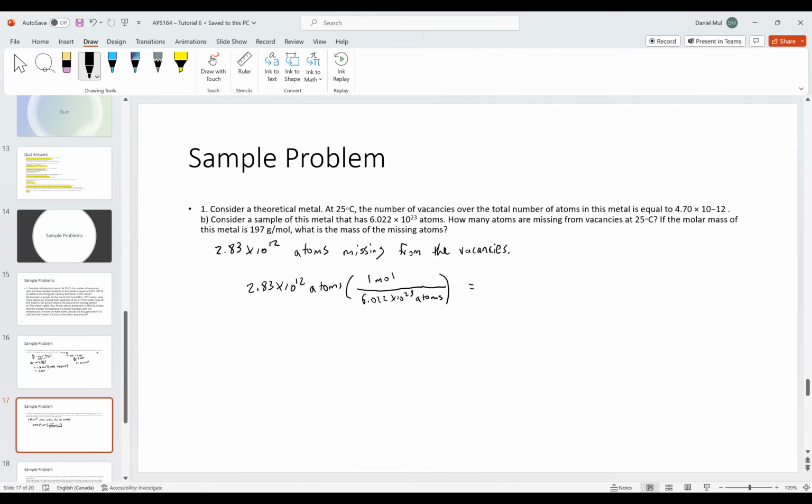We get... let me just calculate it. Sorry, I'm trying to look at my calculator right now, but for the 2.83, just to make sure, is it just 6.022 times the 4.7? Have you tried? Because I don't have a calculator on hand. Plug it in just to make sure, because they didn't give us how they got that. So plug it in just to make sure everything lines up.